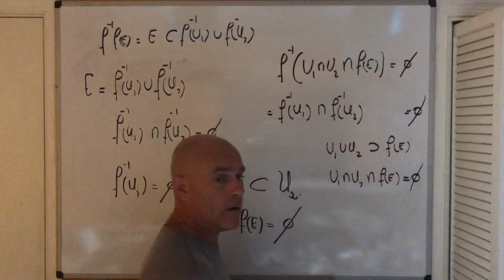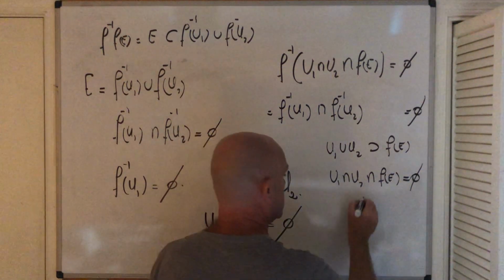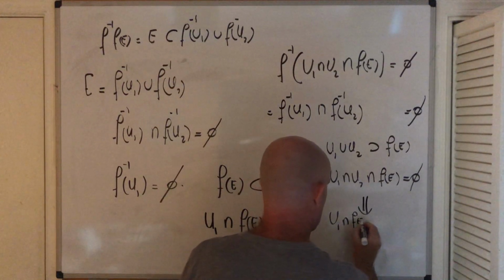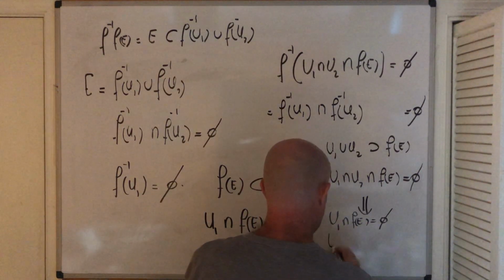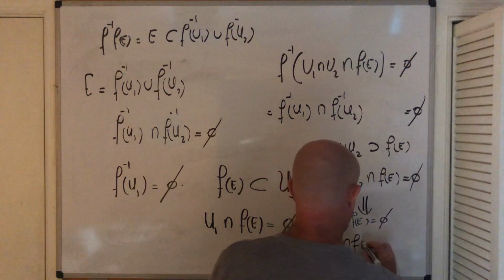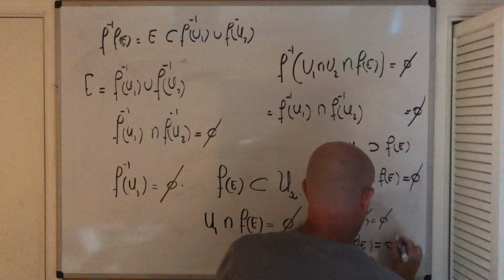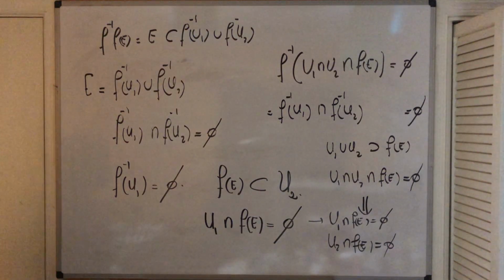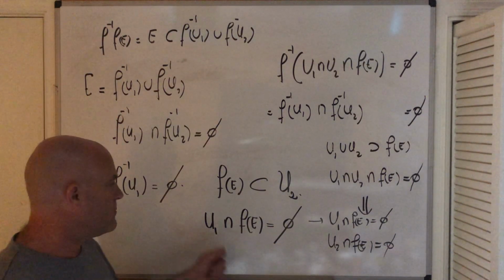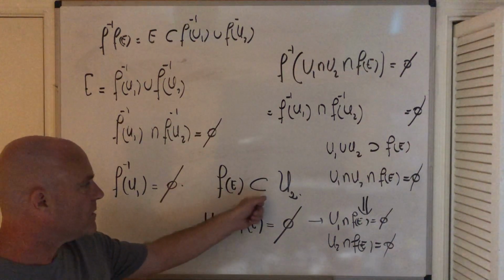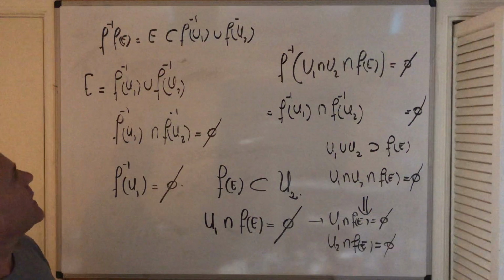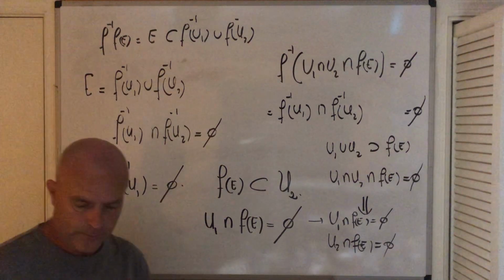So if f of E is connected, what we should conclude, and this is what we did, is either U1 intersected with f of E is empty, or U2 intersected with f of E is empty. We have chosen this one because it doesn't matter which one you choose; it could have been U2 if you want. But that means that U2 contains the entire image f of E. All right, so this shows that f of E is a connected set.